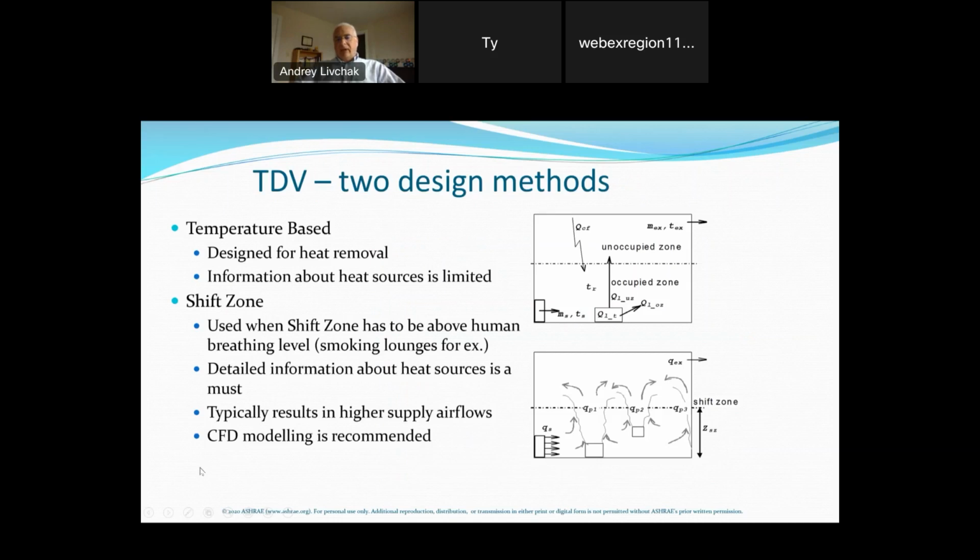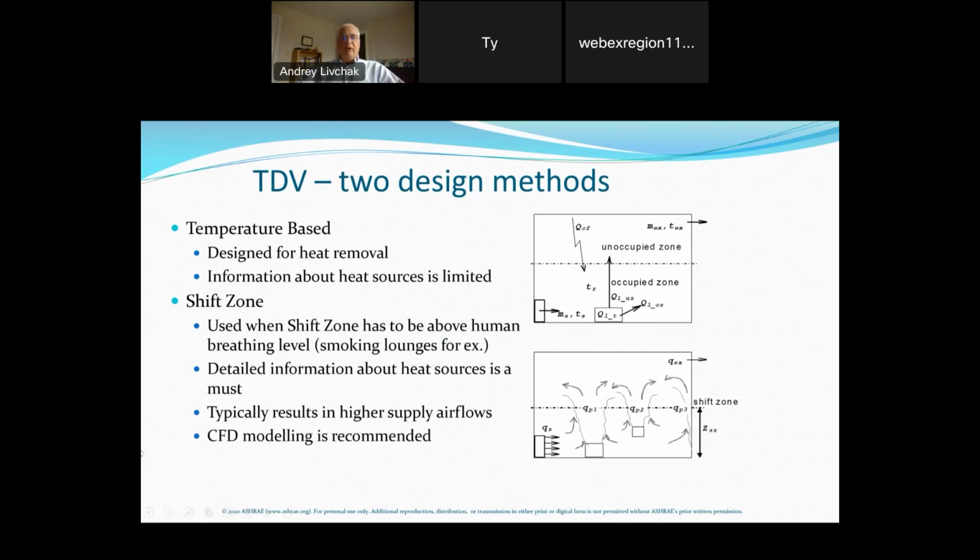It's very easy to calculate a mixing system: to calculate the airflow and temperature required to deal with the heat load in the space. With displacement ventilation, we always need to solve for exhaust temperature, or temperature in the upper part of the space. There are two methods used to calculate thermal displacement ventilation: the temperature-based method and the shift zone method.